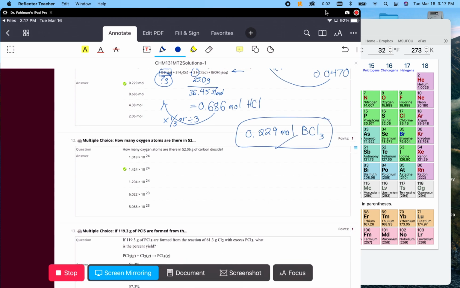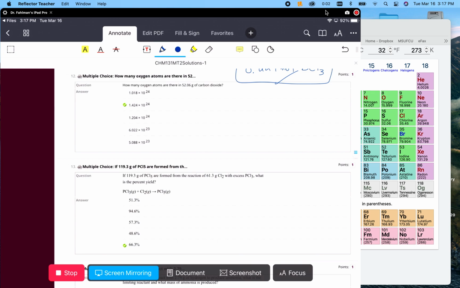Okay. How many oxygen atoms are there in so many grams of carbon dioxide? Okay, so note that there will be 2 oxygen atoms for every one of these CO2 molecules, right? So we'll have to take that into account a bit later.